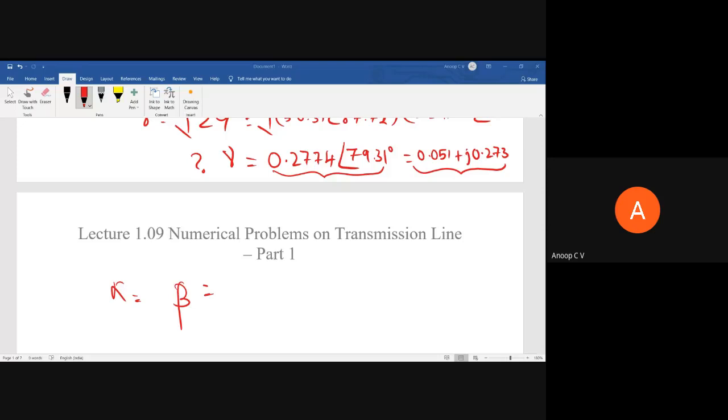Try to find alpha and beta. Beta is 0.269. So Pratiksha is telling beta is the imaginary part of gamma. Excellent. Then what is alpha? I need the values of alpha and beta separated by a comma in a single line in the chat window.